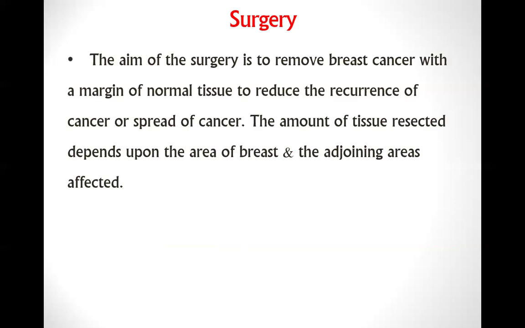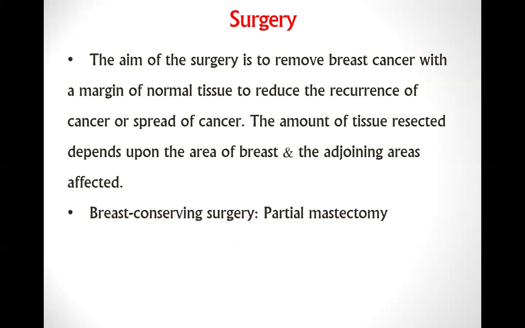Surgery, the clinician has covered briefly. This is none of my domain, but just a brief recap. The aim of the surgery is to remove the breast cancer and adjoining normal tissue around the cancer. Depending on the extent of the cancer, there are various types of surgery.